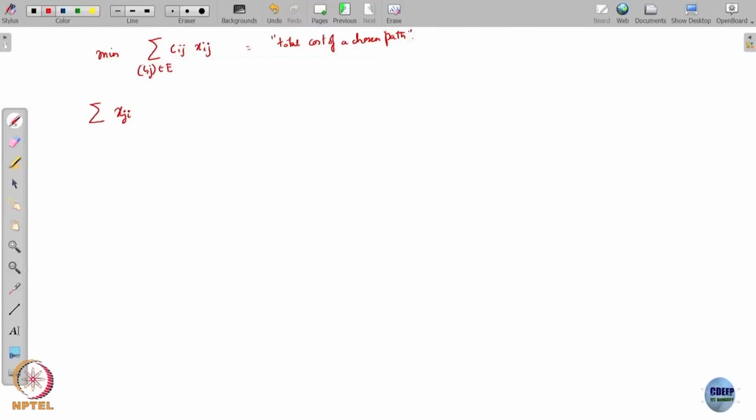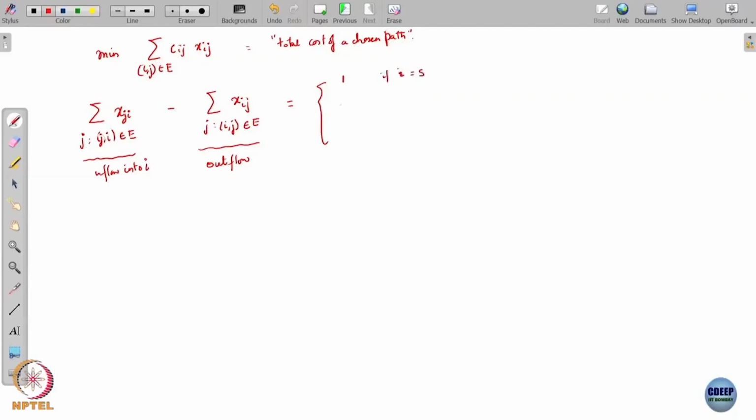So, I look at x j. My flow conservation constraints again: my inflow is the sum over j such that I j belongs to E. This is the inflow into I. Then I have a sum over j, sorry, this is not I j, this should be j I belongs to E. This is I j belongs to E. This should be equal to 1 if I is the source node, 0 if I is neither the source node nor the destination node, and minus 1 if I is the destination.